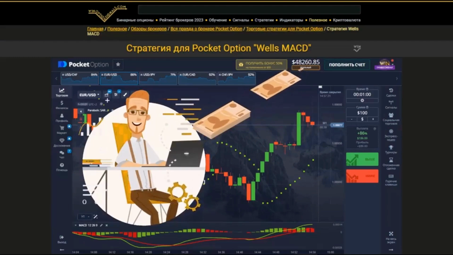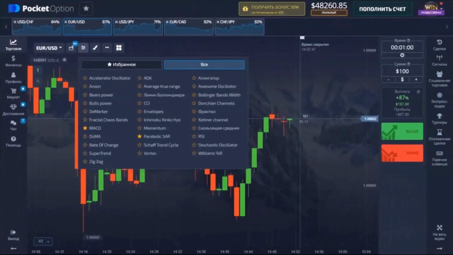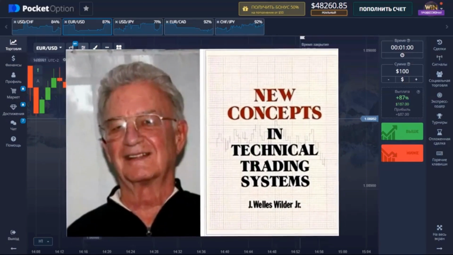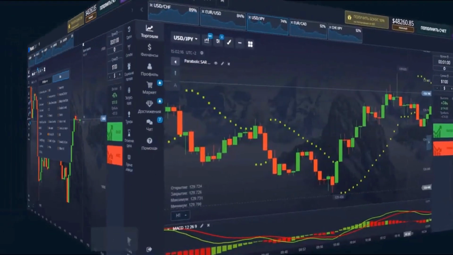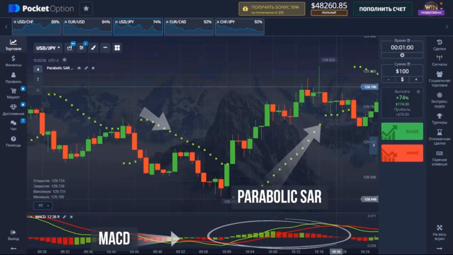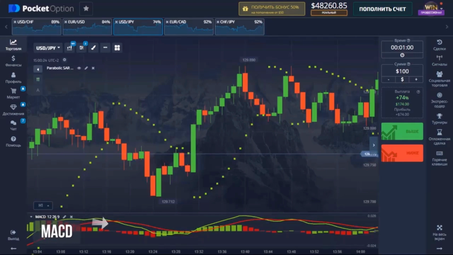The Wells MACD strategy consists of two basic binary options indicators, one of which was created by Wells Wilder, hence the name Wells MACD, and includes the MACD and parabolic SAR, where MACD provides the signals, represented as a histogram based on moving averages that shows the strength and direction of the trend, while parabolic SAR works similarly to moving averages but moves with greater acceleration.